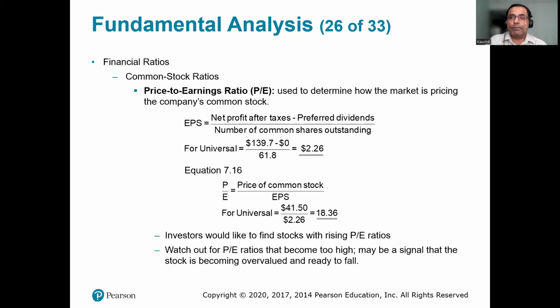That gives us the P by E ratio. If a company has a very high P by E ratio, it means its price has increased substantially and it may have become overvalued as compared to the profits it is generating. So there is a chance the share price may decline. P by E ratio is one way to understand how the share price may perform in future.